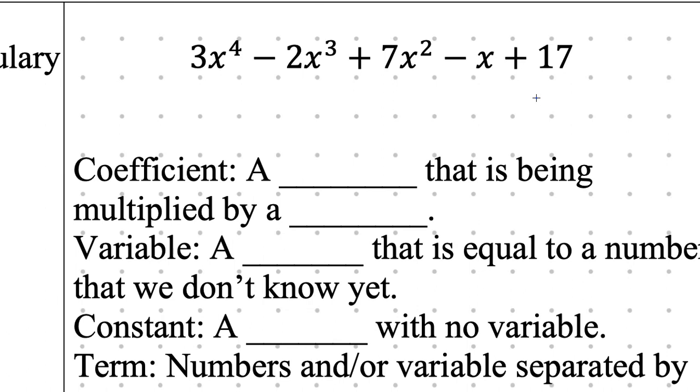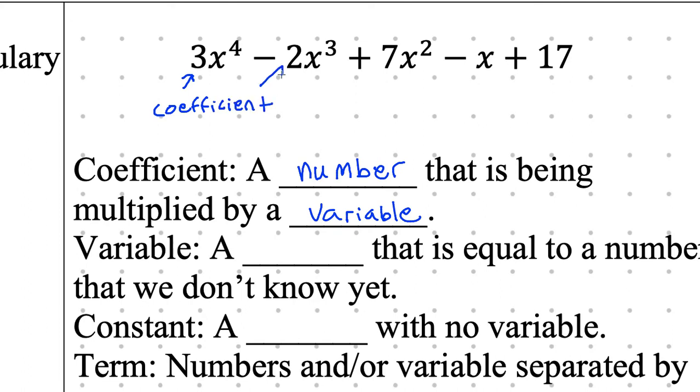A coefficient. You've heard this before. What is a coefficient? It's a blank that is being multiplied by a blank. Kira? A number that is being multiplied by a variable. It is indeed a number being multiplied by a variable. So I have this polynomial up here that we can start labeling. That 3 right here is a coefficient.